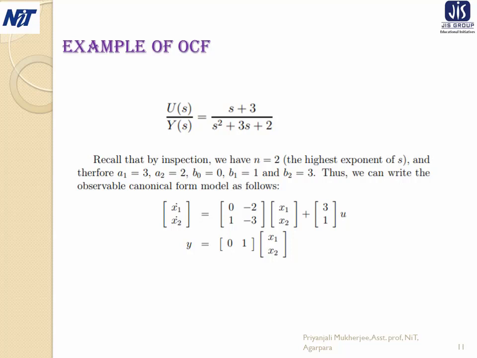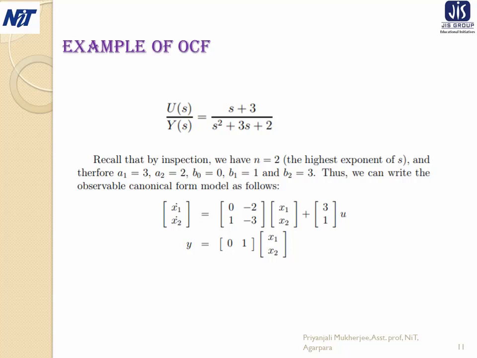Here n is equal to 2, so we write minus a2. a2 is 2, so minus a2 represents minus 2. The next one will be minus an minus 1. n is equal to 2, so n minus 1 means 1, so minus a1 will be here. We found a1 is 3, so minus a1 becomes minus 3.